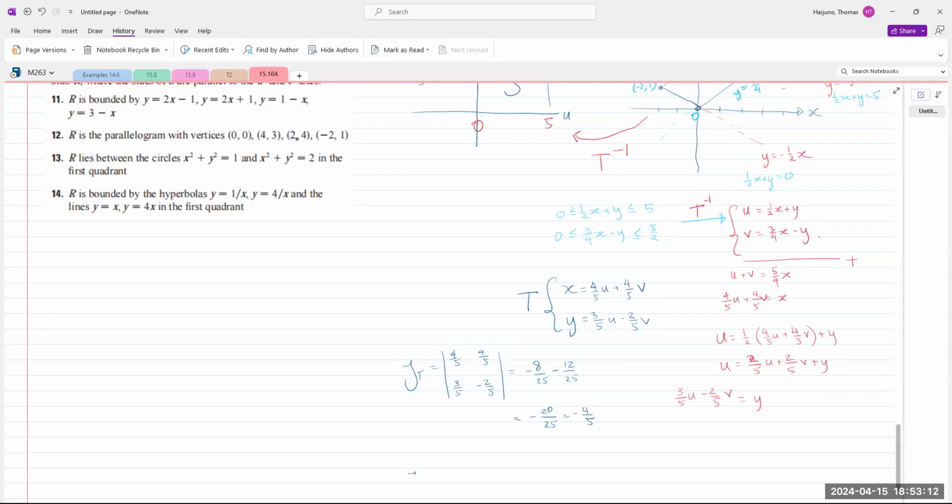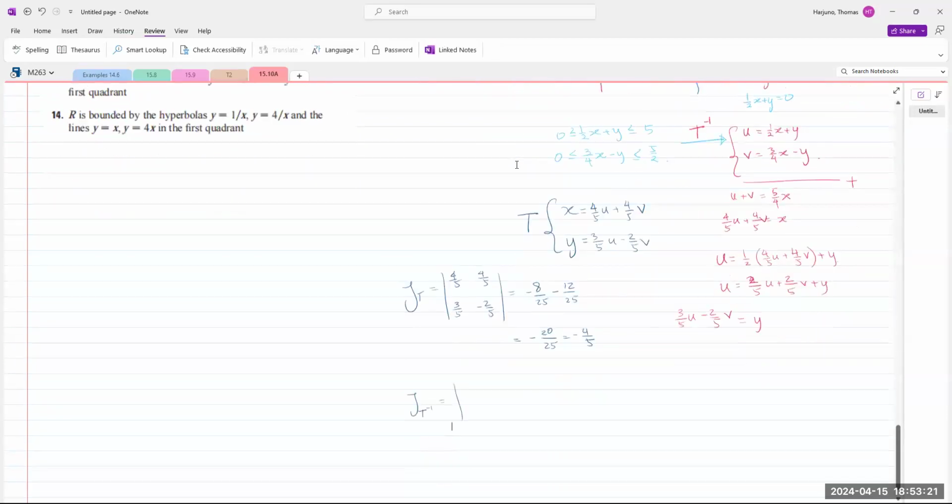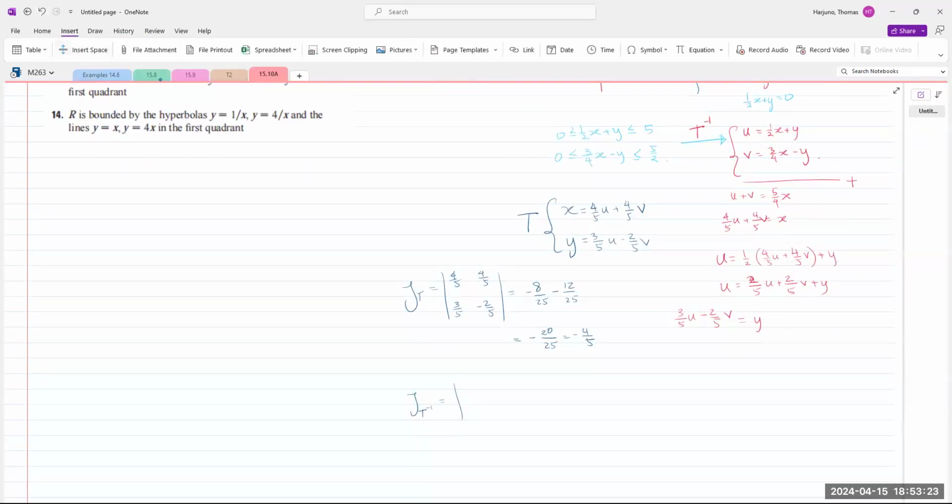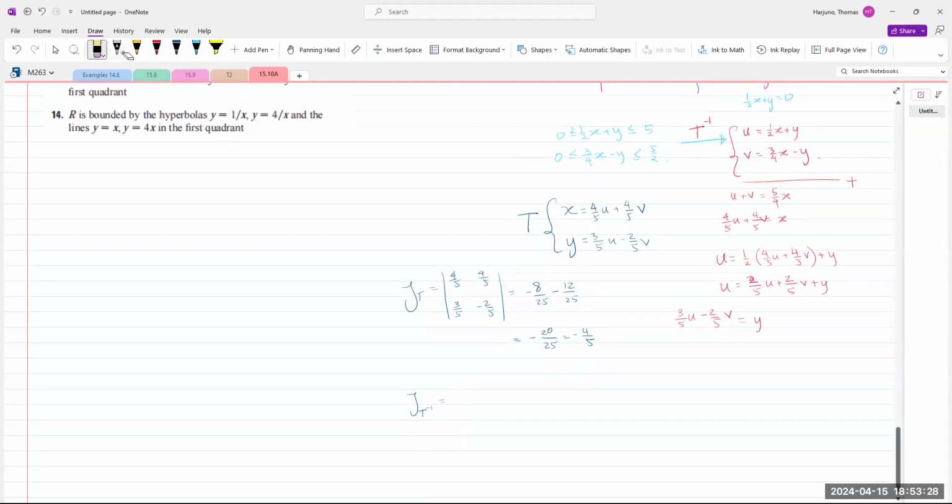How about the Jacobian of T inverse? Basically, you take the partial derivative of u with respect to x and y, and the partial derivative of v with respect to x and y as well. That will be 1/2, 1, 3/4, negative 1. That will be negative 1/2 minus 3/4.